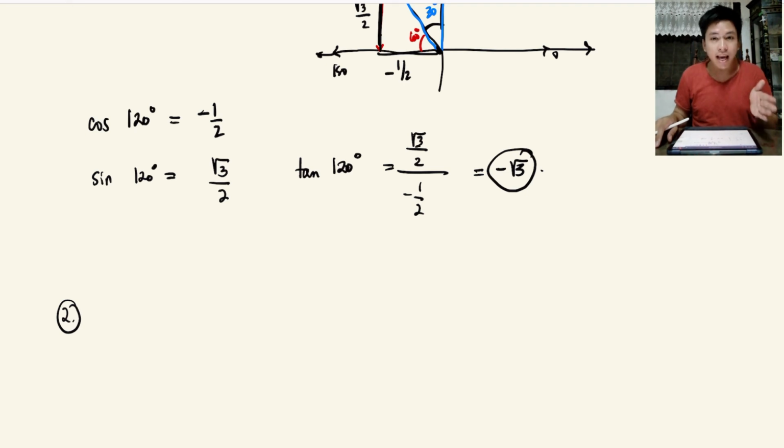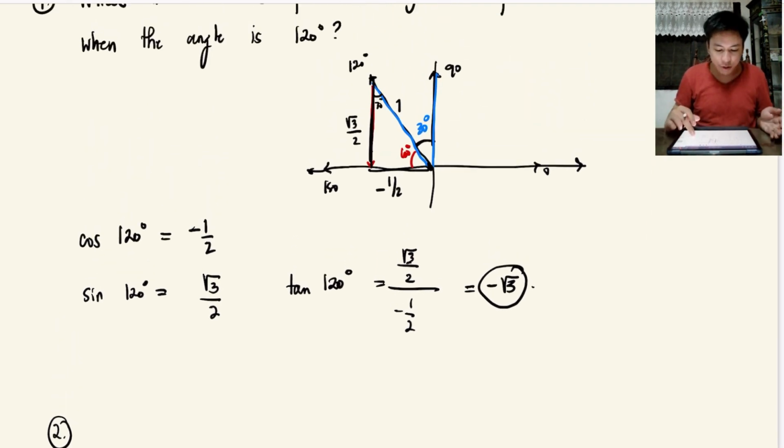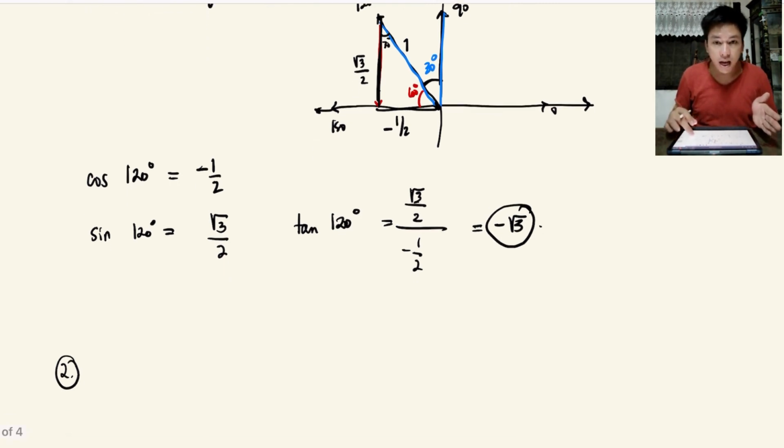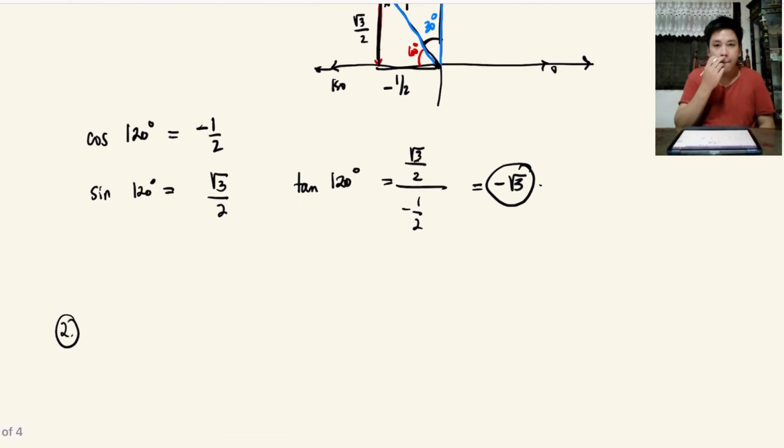Now, before I end this video, since we were able to solve the 120 degree angle, I would leave you with a question. What are the 6 trigonometric functions of the angle when the angle is, let's say, 150 degrees? Okay?